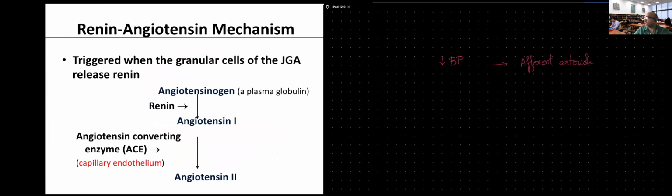Can you remind me how many afferent arterioles we have in the body? Around what number? What do you think?